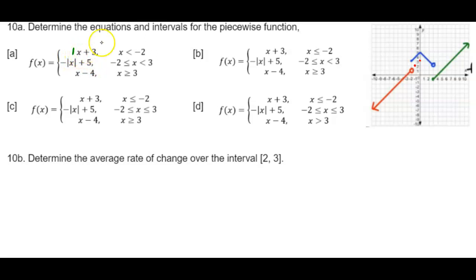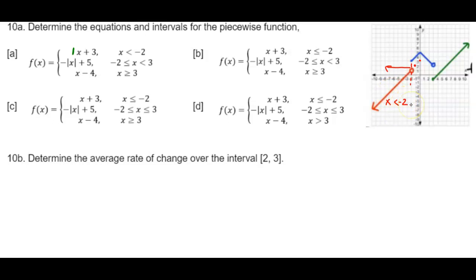Now this function, if you look at this piece, there is an open circle there on that endpoint, which is at x equals -2. That means the inequality for this constraint should not have an equal to, because that is an open circle. Also, if I like doing sort of little dotted lines for this particular piece that stops at -2, all of that piece is to the left of -2, which means its inequality should be x is less than -2.